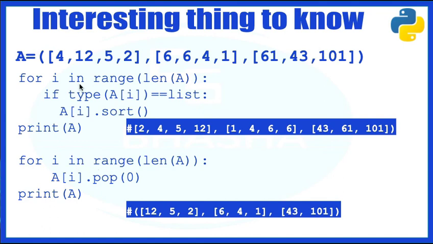So when you go to A of 0, this 4 is removed, and you are left with 12, 5, 2. Similarly, 6 is removed, so you're left with 6, 4, 1. Similarly, with 61, 43, 101, you're removing 61, so you're left with 43, 101. And that's an interesting feature.